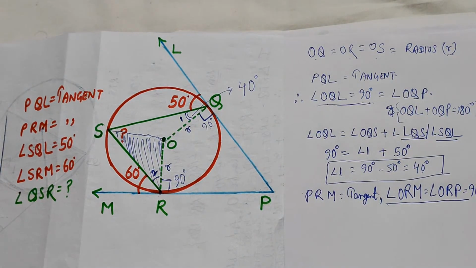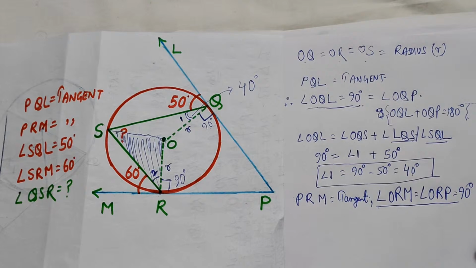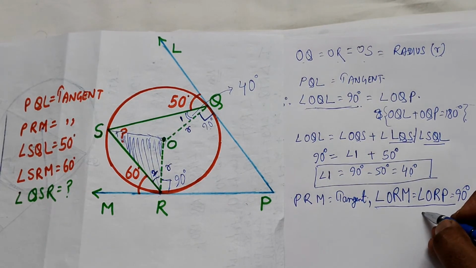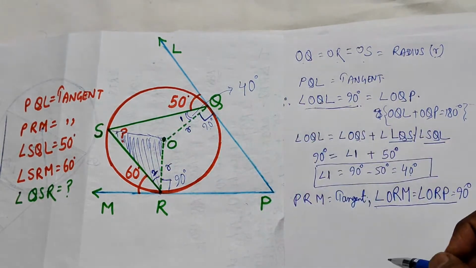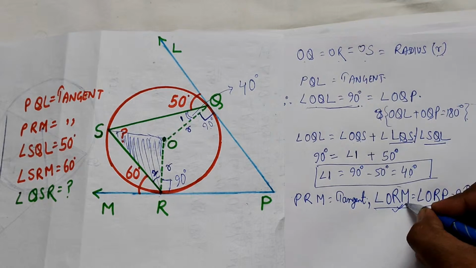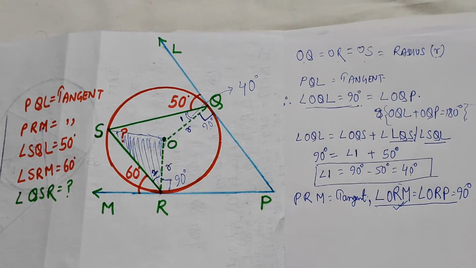Now, this is 90 degrees. So if this is angle 2, we'll take only ORM, this part, right? So we'll write it.